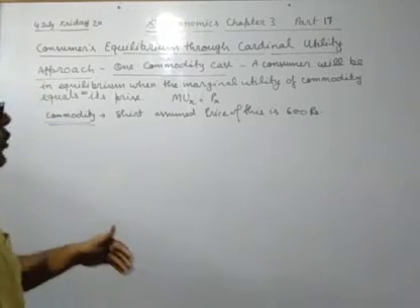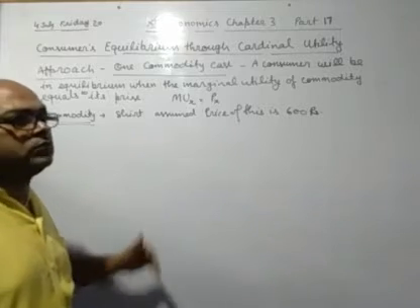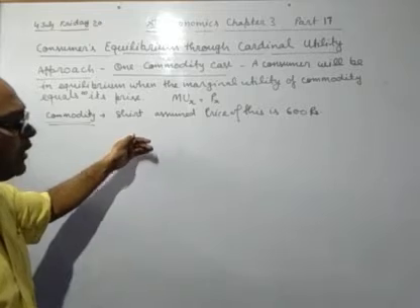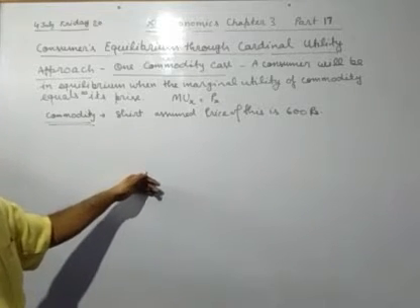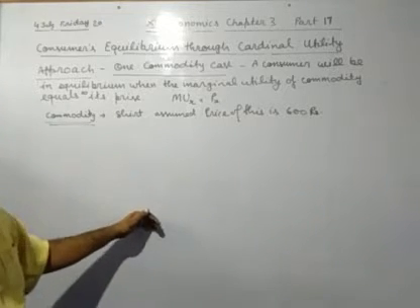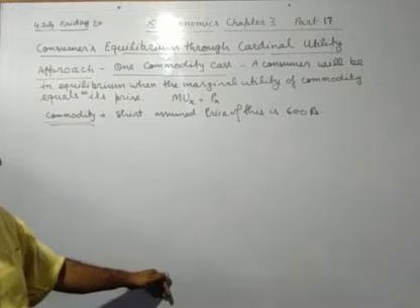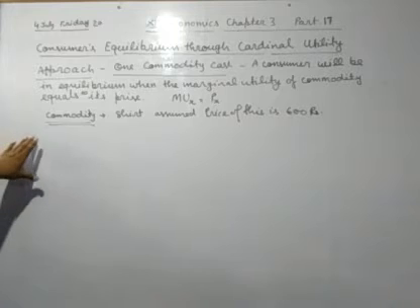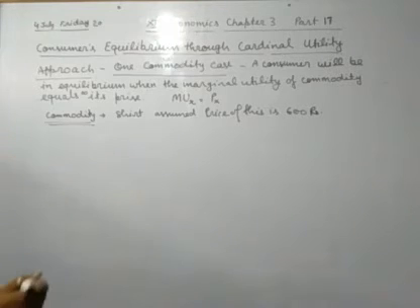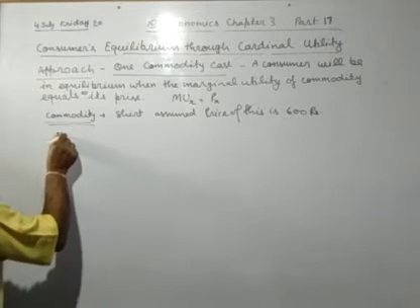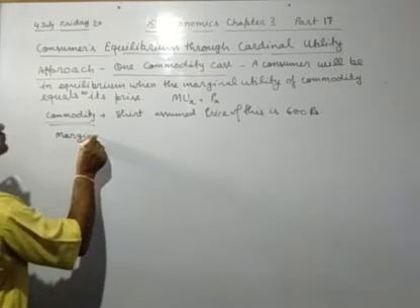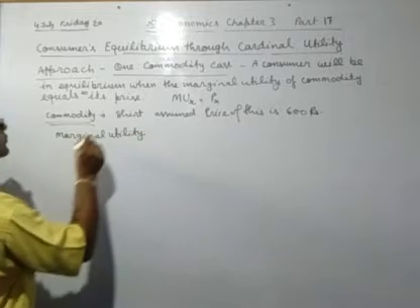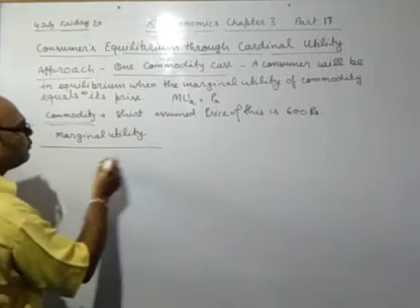So marginal utility will be in decreasing order, going to 0 and then negative. So when you take an example, you draw one table.